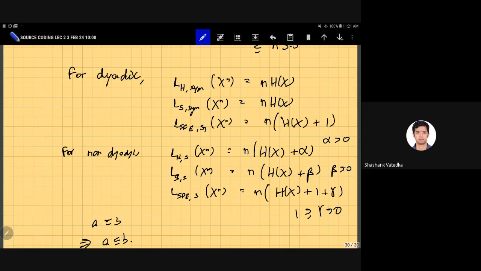So for every source with a dyadic PMF, the Shannon code achieves an expected length of h of x. So this was for n equal to 1, right? All of these statements are for n equal to 1.